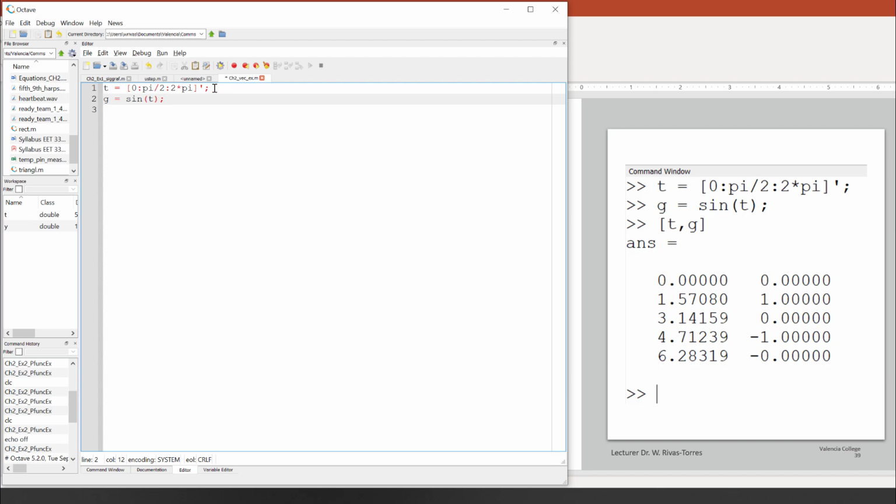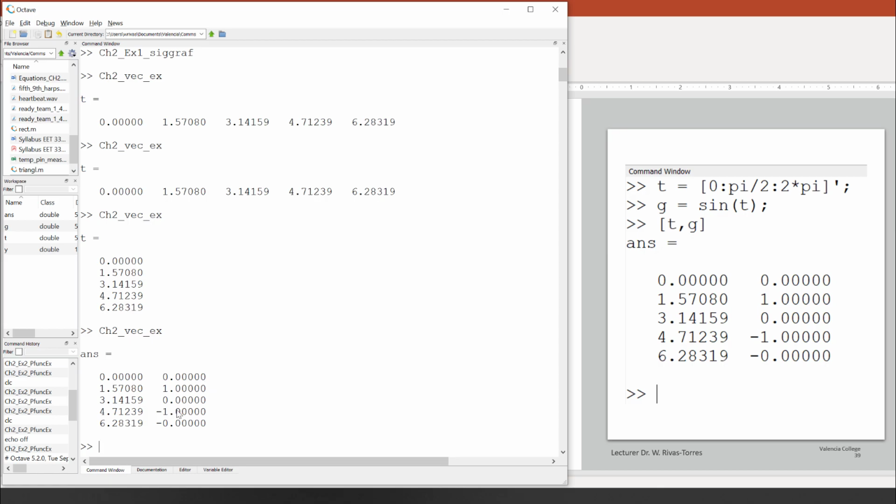This time, let me just plot t comma g. Why don't we just print that on the command window. So we go to the command window, that's pretty much what's on the slide. We evaluate it at 0, at pi over 2. If you evaluate sine at pi over 2, you should get 1, then 0, then -1, then 0 again.